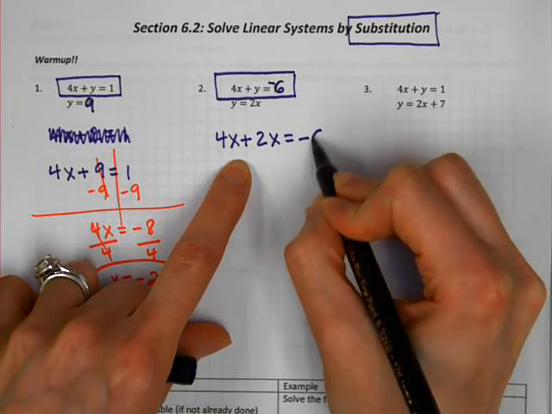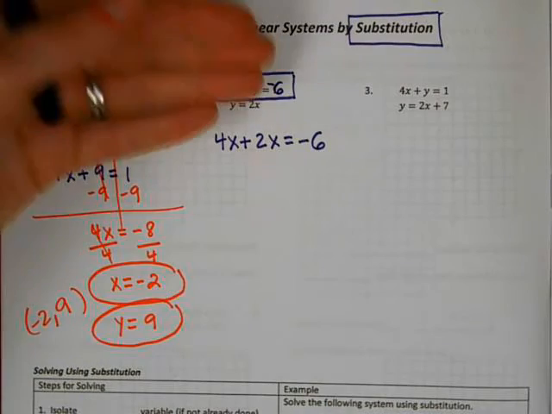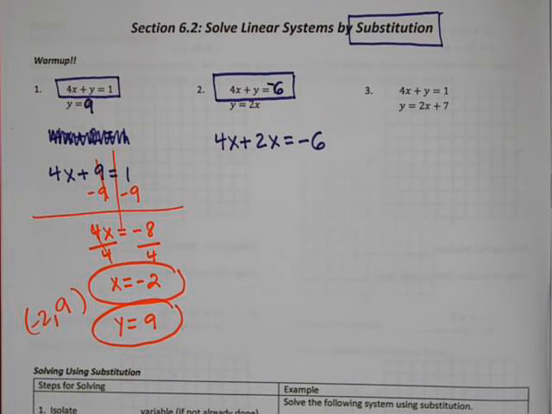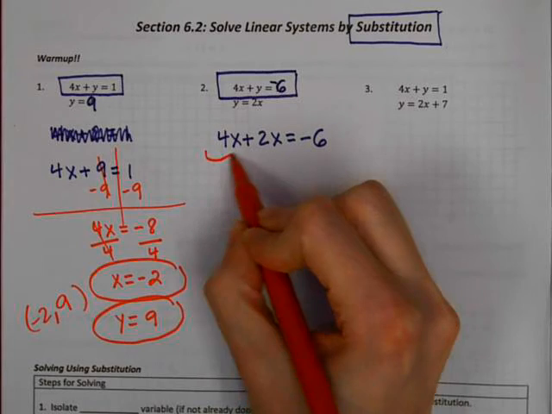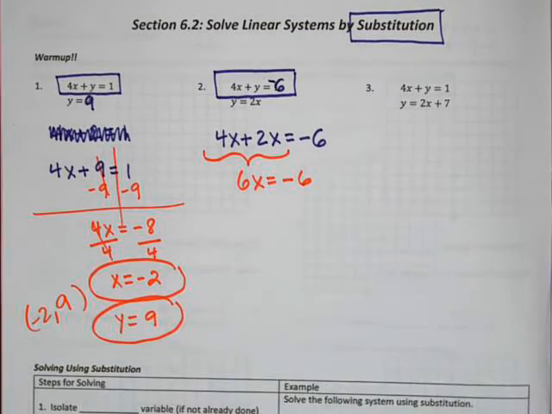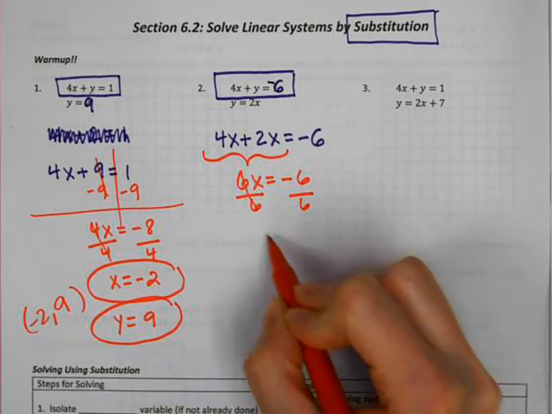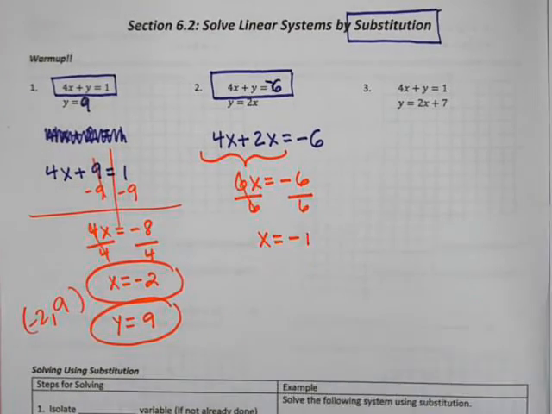And then equals that -6. So same idea, we're just substituting 2x in for y. And then you guys know how to solve this one, right? We're going to add like terms. So we have 6x equals -6. And then if you divide by 6, we get x equals -1.